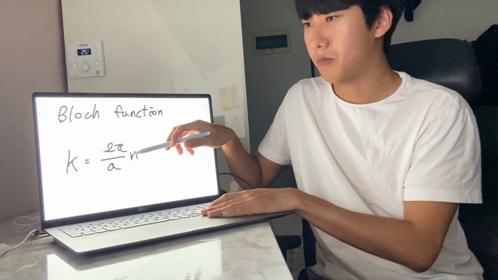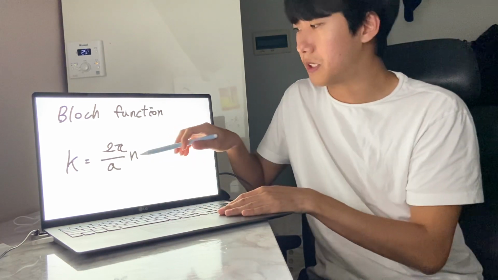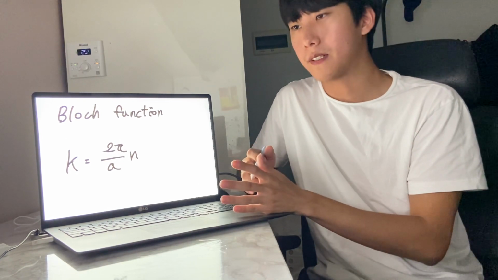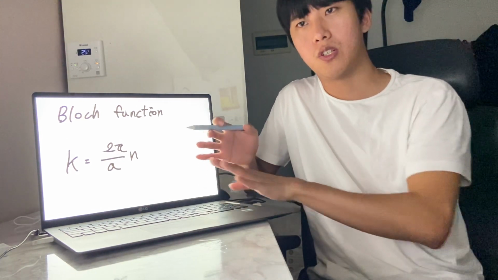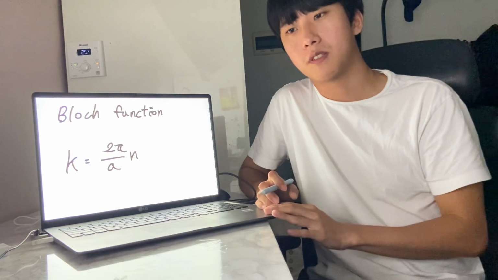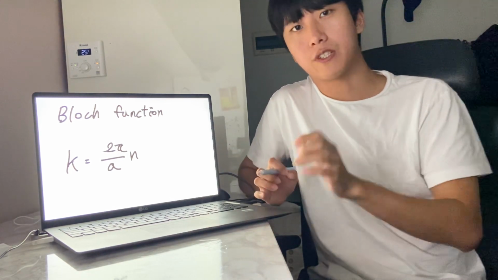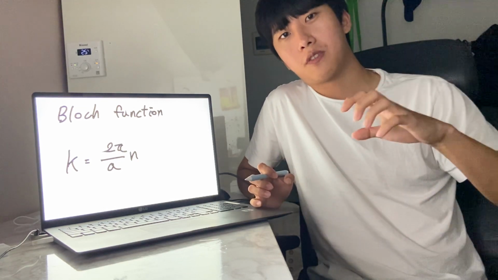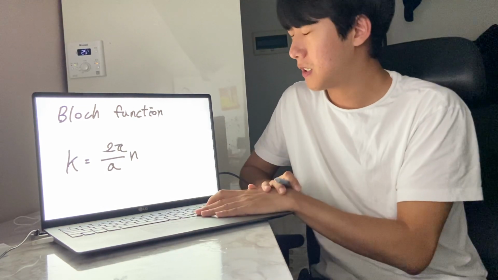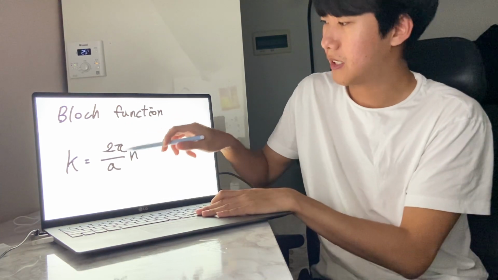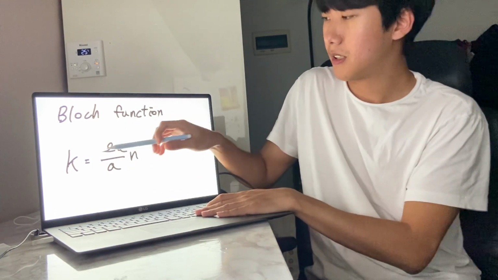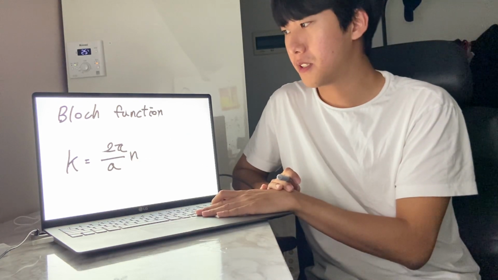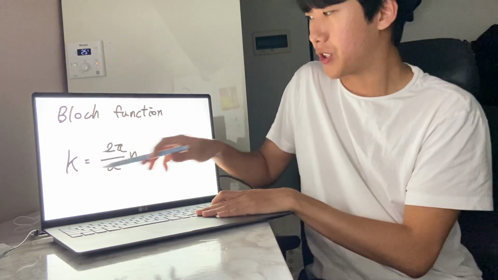So by using an integer, we can explain the wave vector of the real space's periodic structure. With this formula, we can calculate the spatial frequency.